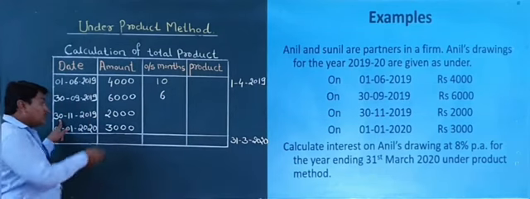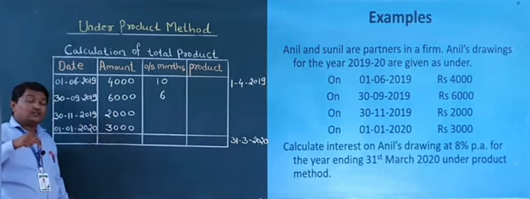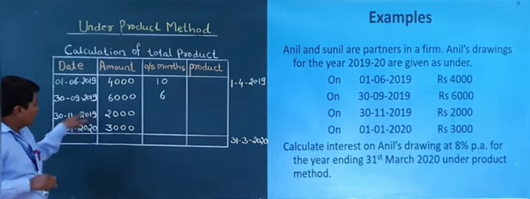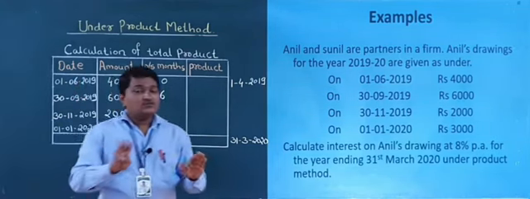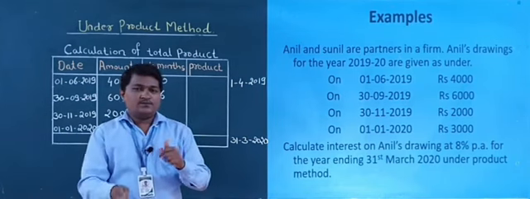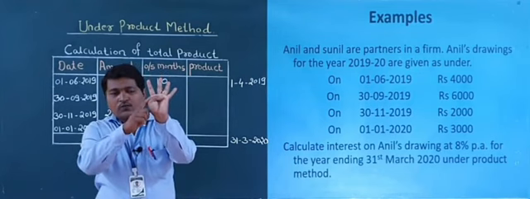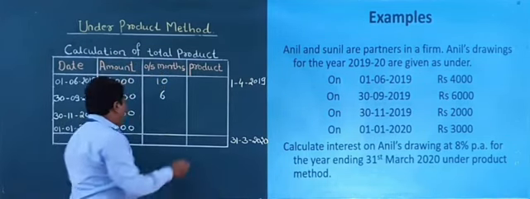He withdrew this amount on the last date of the month, so we should not count that one, right? So November we skip, and after November which month comes? Yes, December. That is 12, 1, 2, 3. How many months? 4 months.